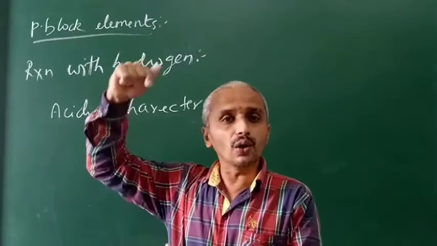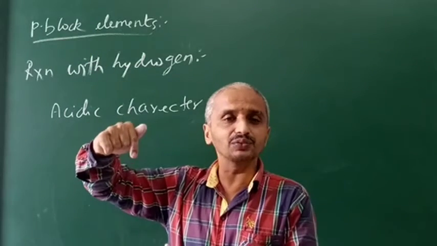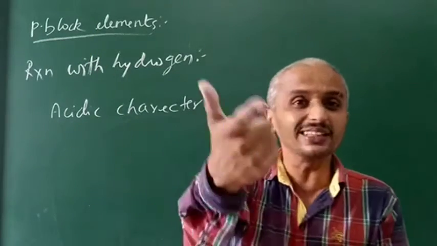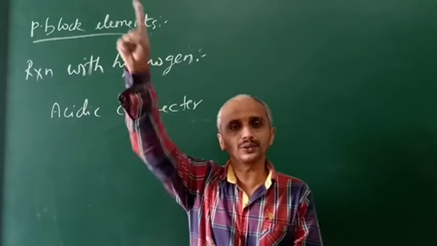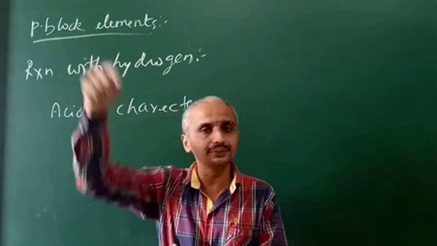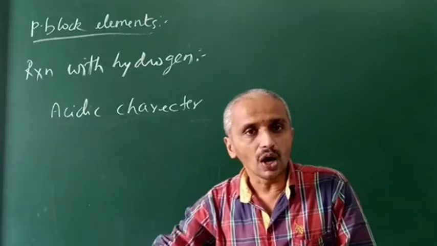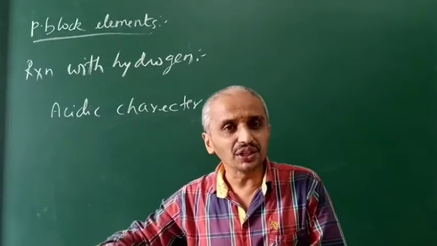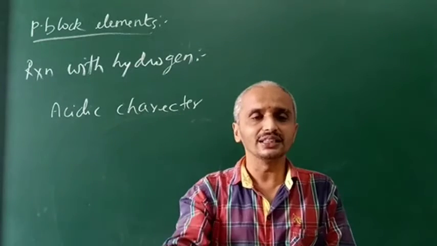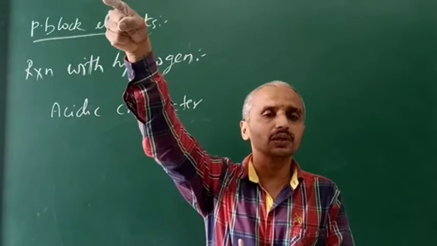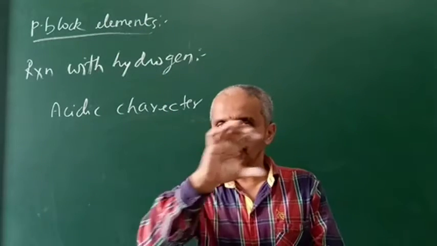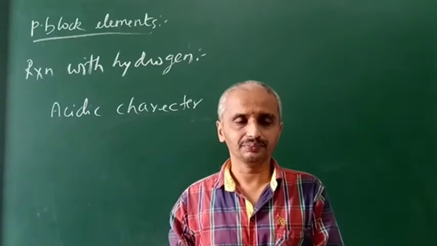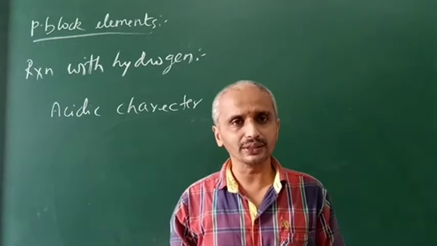Means the lower members of the hydrides of the 15th group are better reducing agents compared to the top member ammonia. Down the group, BiH3 is a stronger acid than the first member NH3. So they are related to the size factor only.